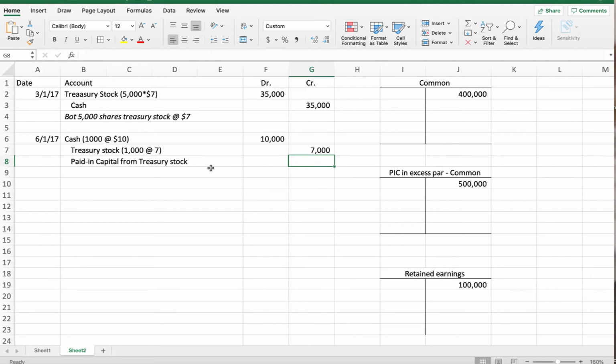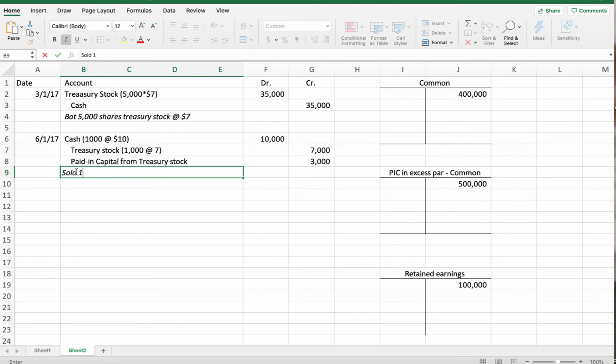Okay? And I'm just going to go ahead and do the 3,000. We need to put some information to explain this journal entry. Well, sold 1,000 shares of treasury stock at $10 per share.